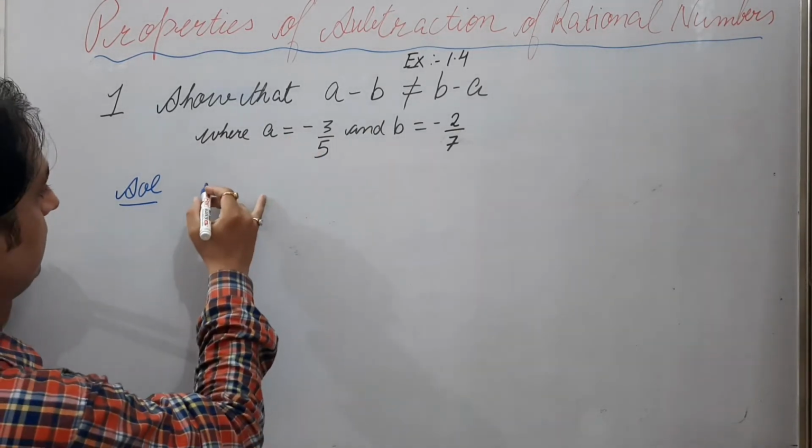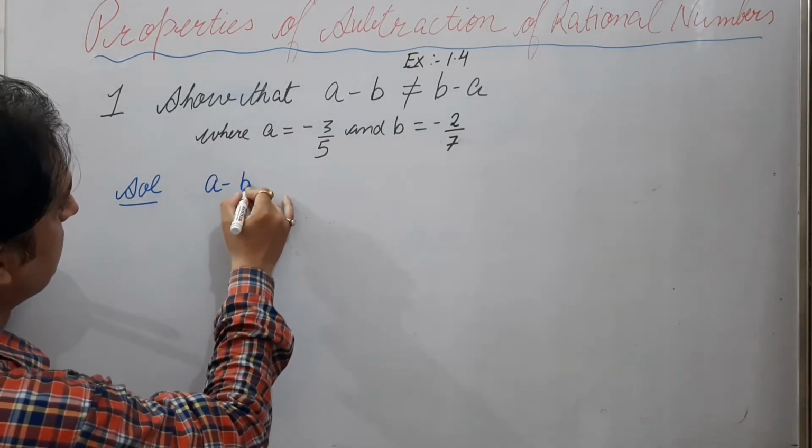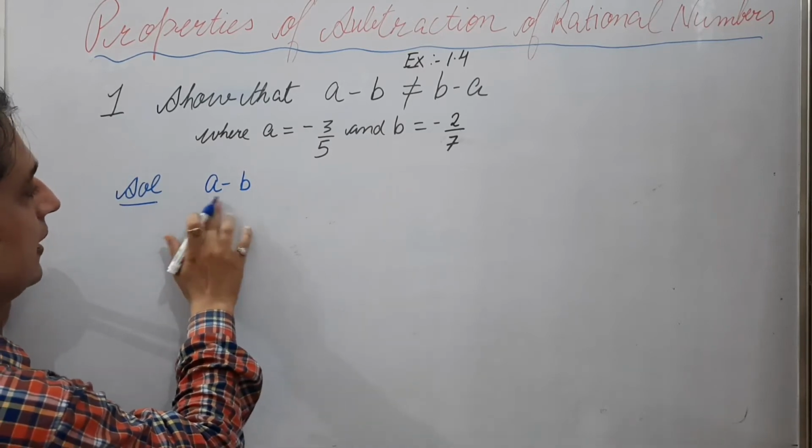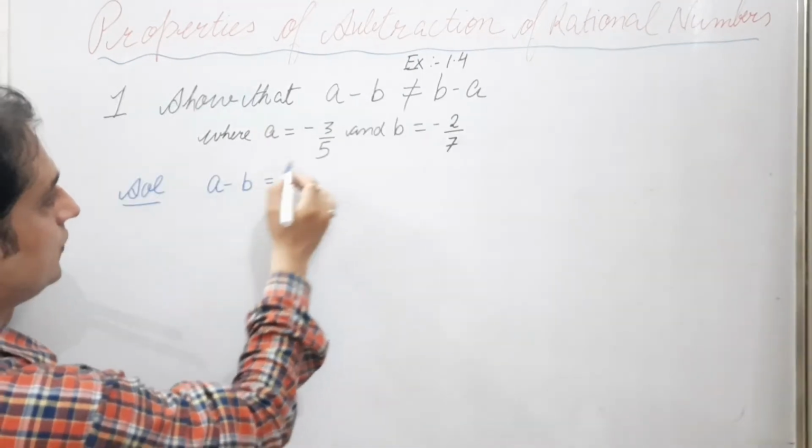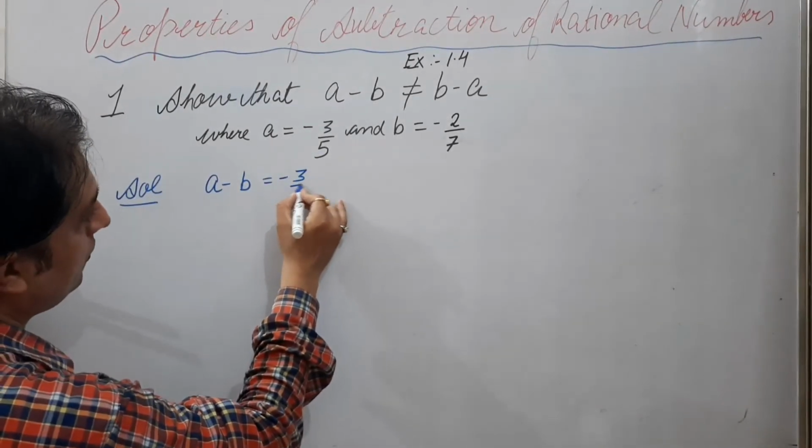See here, if I take a minus b, firstly, I will take the difference of a minus b. Here a and b are rational numbers, that is given. So what is the value of a? Minus 3 upon 5.